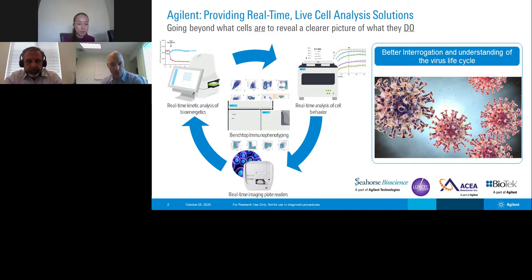Xiaoyu, another question: can the CardioECR system be used for measuring or studying cells other than cardiomyocytes? Yes, that's why we also call it RTCA. Like other RTCA systems, the CardioECR system can also be used to measure other cell lines.